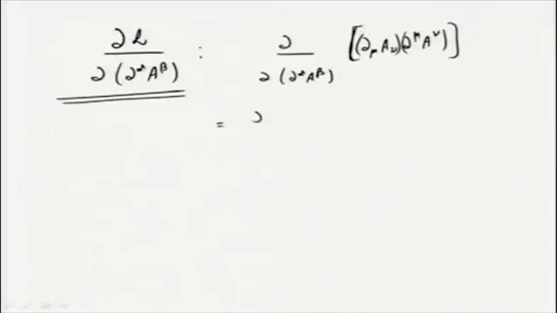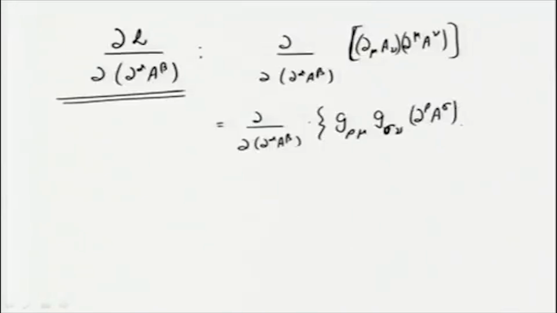This is equal to the derivative with respect to ∂_α A_β. Again, let me write it as g^{ρμ} g^{νσ} ∂_ρ A_σ. So, the idea is to raise all the indices of ∂_μ and A_μ, A_ν, and you have ∂_μ A_ν. Now, you can take the derivative here.